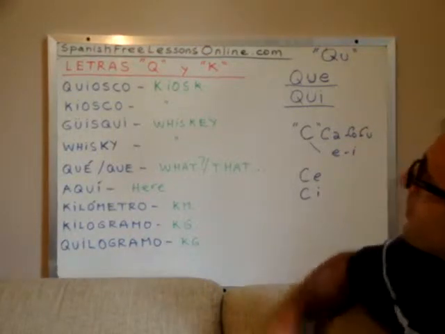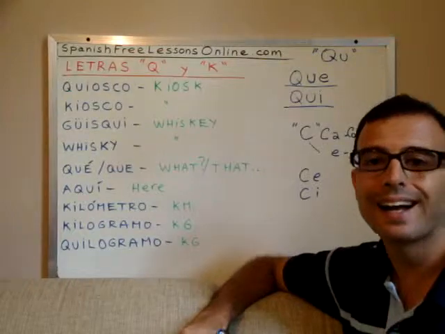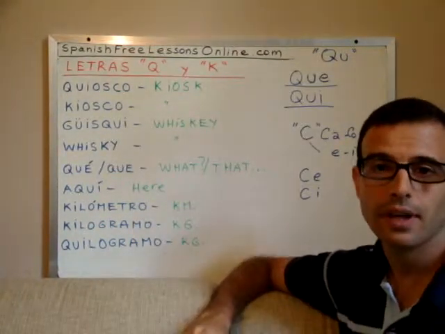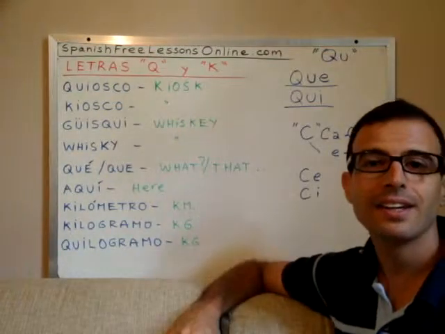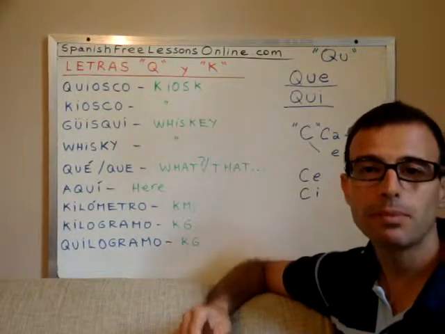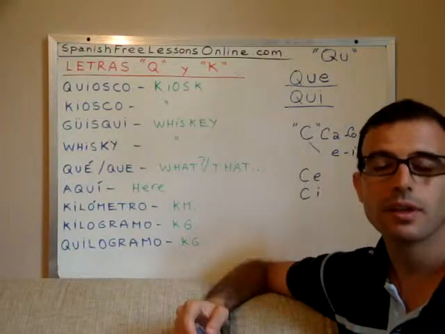And letter K in Spanish, or letra K, has the same sound as the Q, but the K is a letter that many people don't even consider part of the Spanish language, right?